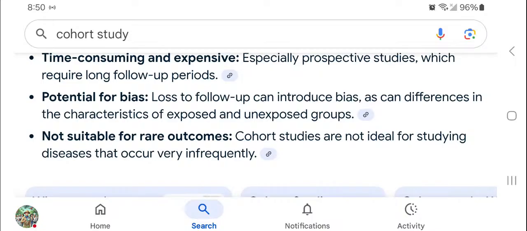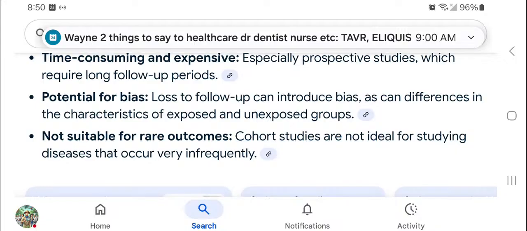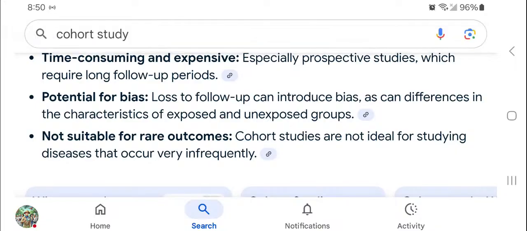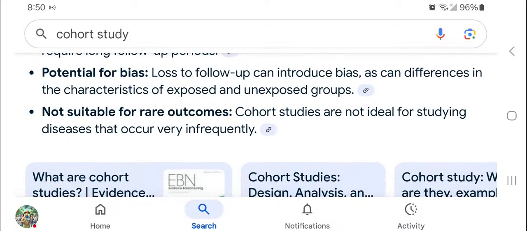Because the local people won't simply stay in that locality for 5 or 10 years. It could be because of jobs or something like that, they move out of town and reside somewhere else, so we lose follow up. Not suitable for rare outcomes: cohort studies are not ideal for studying diseases that occur very infrequently.